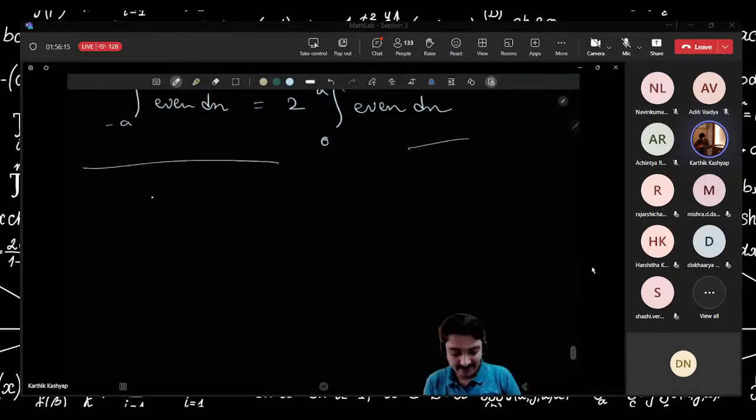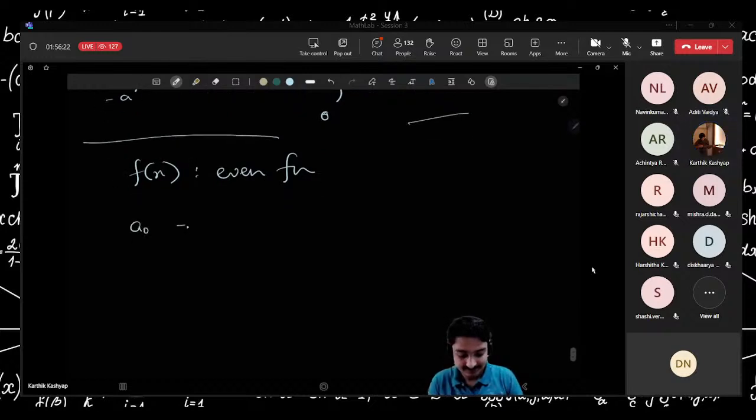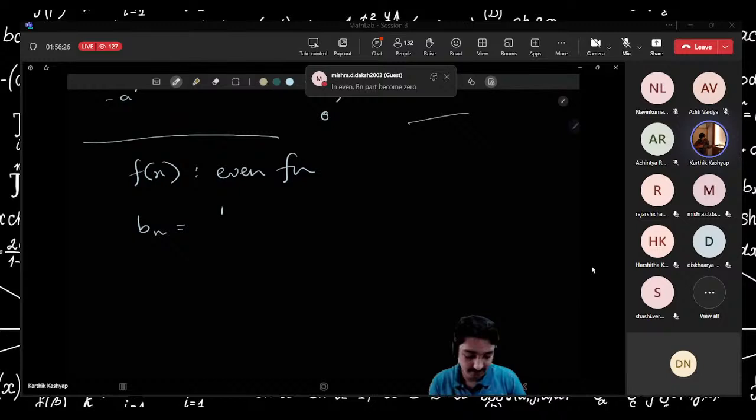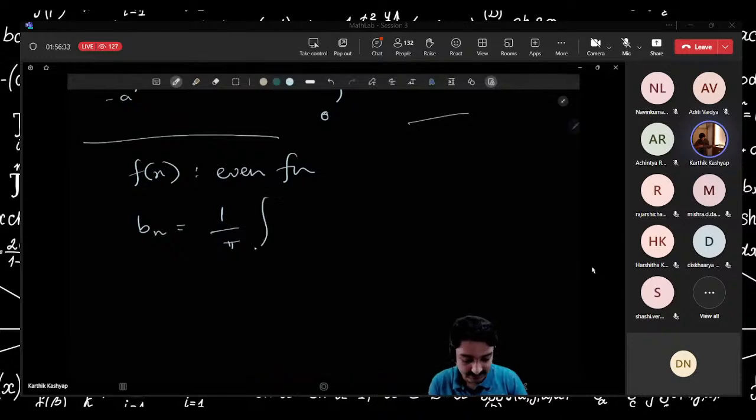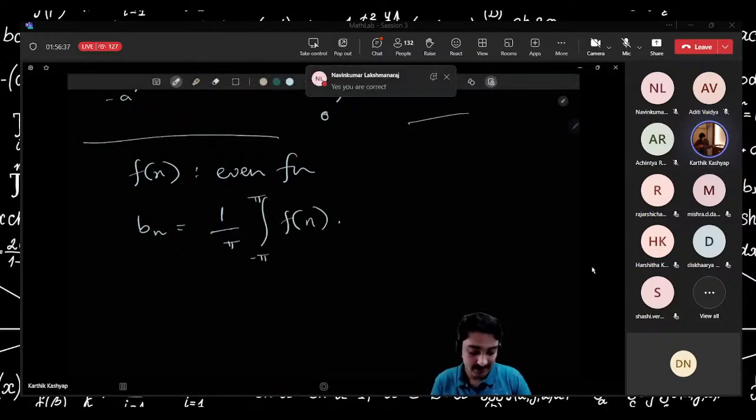Now, suppose f of x is an even function. So let's look at a naught. Before that, let's look at bn. So we can get 1 by L times, let's take it from minus pi to pi just to show, the integral from minus pi to pi of f of x sine nx dx.